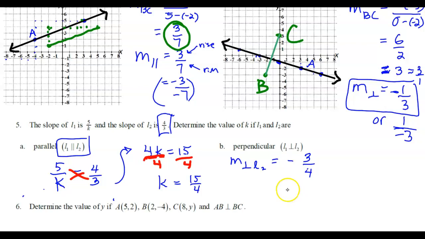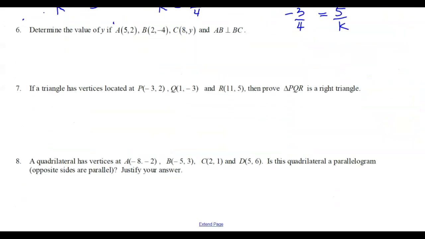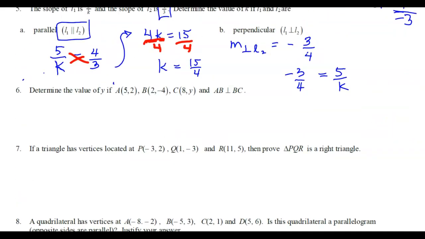So now negative 3/4 has to equal 5 over k. Now you could take the negative reciprocal of 5 over k. Doesn't matter, do one or the other, but I like to do the one that's actually the numbers. Makes a little bit more sense to me.